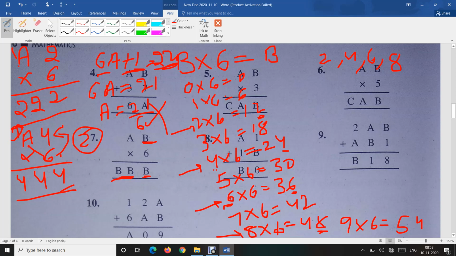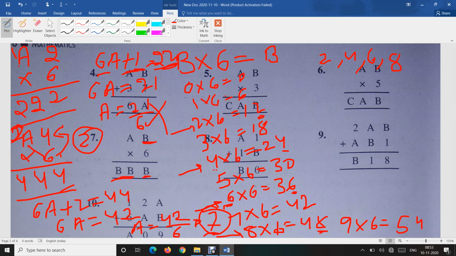Then we should have 6 multiplied by A plus 2 equal to 44. That means 6A should be equal to 44 minus 2, which is 42. Then A is equal to 42 divided by 6, which is equal to 7. Yes, it completely satisfies. Okay, that means we can place 4 at the place of B and 7 at the place of A.